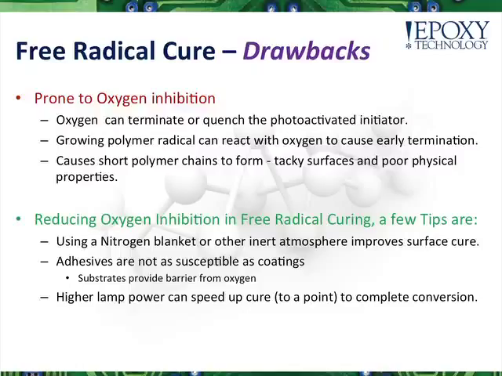Additionally, you'll see poor physical properties. This happens when the free radical is terminated too early and is an insurmountable issue once it actually occurs. The only way to prevent this is by use of inert atmosphere, like nitrogen blanketing. We find this very common with customers doing free radical UV cures.